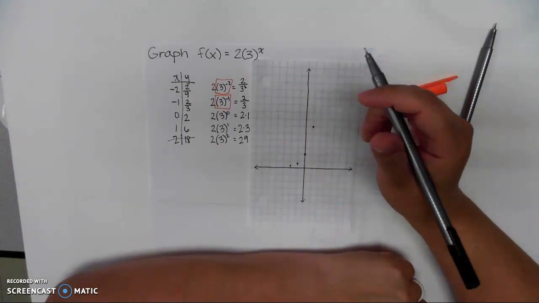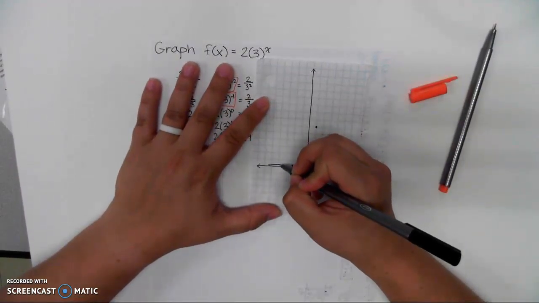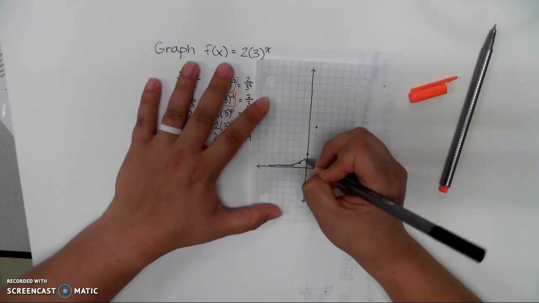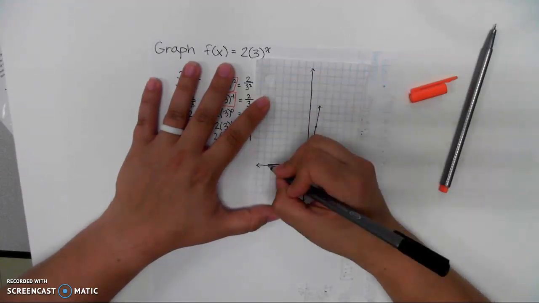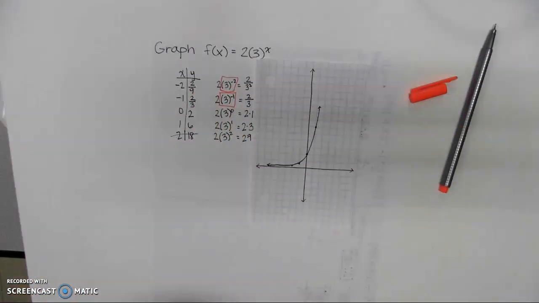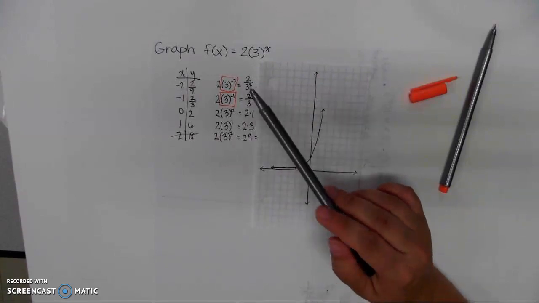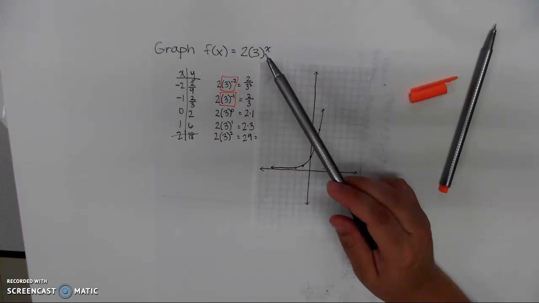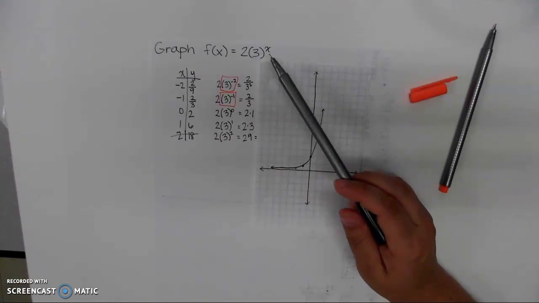You can't even touch it. So when I graph this, it's super important that I do not touch that axis because the y value will never equal 0. And so we've got to make sure that our graph reflects that. Because if you think about it, you can never have a negative number if you're doing it to a power.